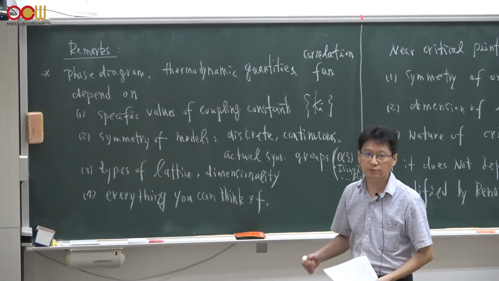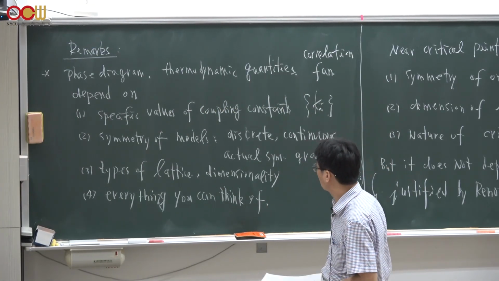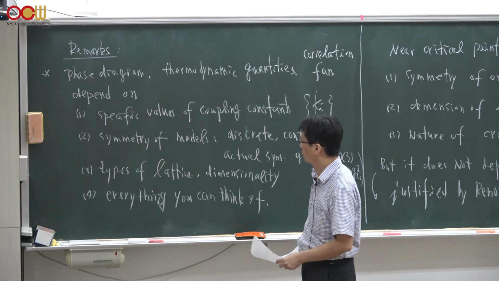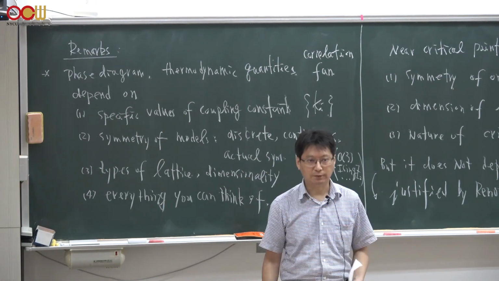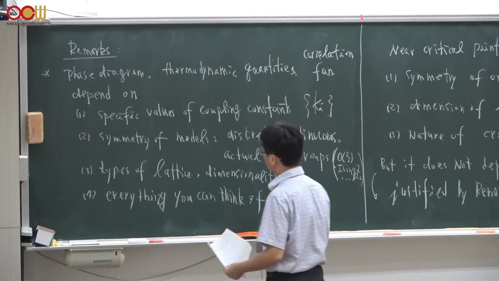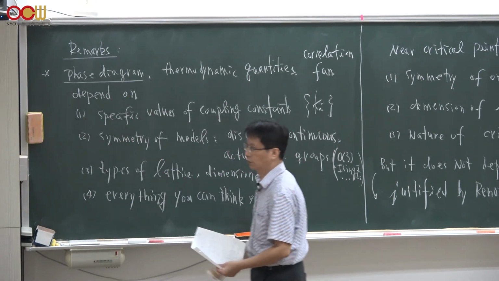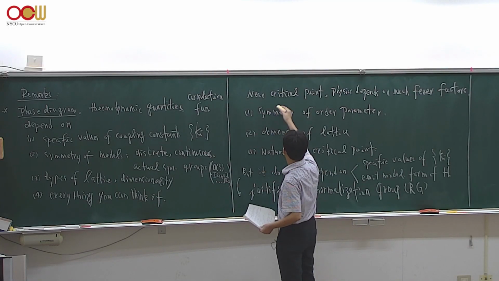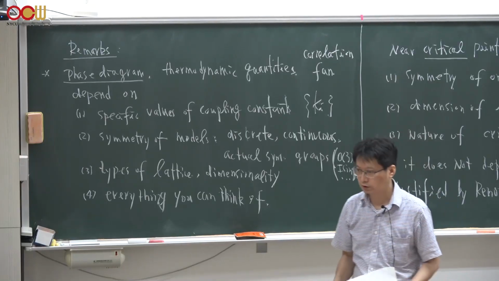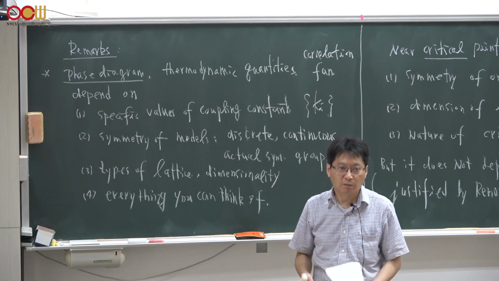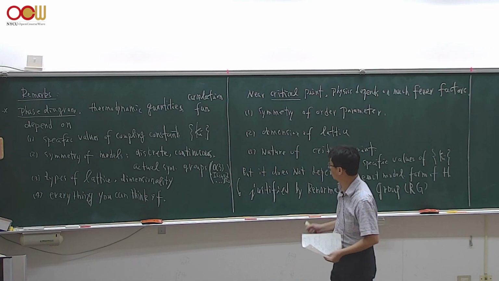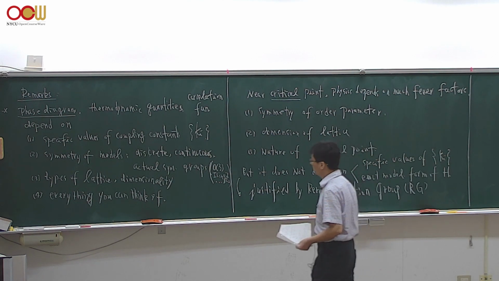So let me make some final remarks before we move on to the actual calculation of the Ising model. The first remark is the difference between the factors that we can determine in the phase diagram and the factors that affect the critical properties. In short, the phase diagram depends on many more factors than the factors that determine the critical properties. So let me explain.